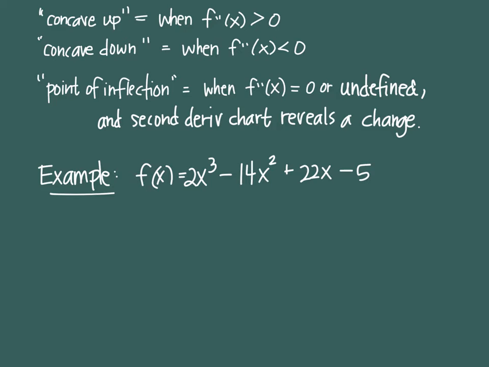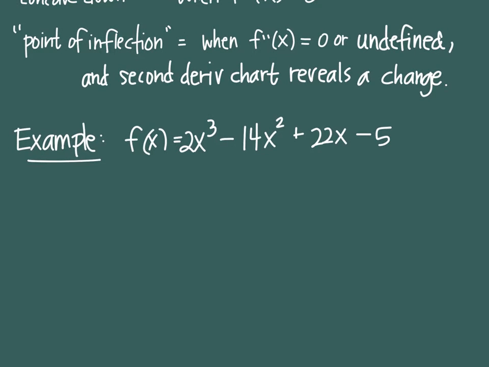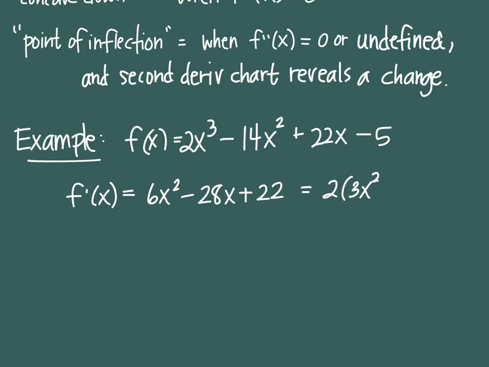And we're going to do this second derivative analytics in conjunction with the first derivative. So we're going to find our first derivative. First derivative will be 6x squared minus 28x plus 22. In factored form, I can pull a 2 out of that. That's going to leave me with 3x squared minus 14x plus 11.